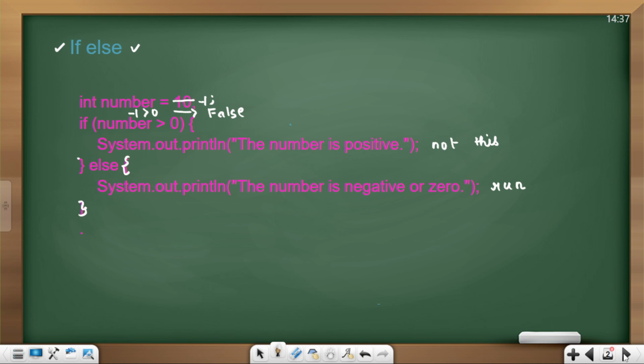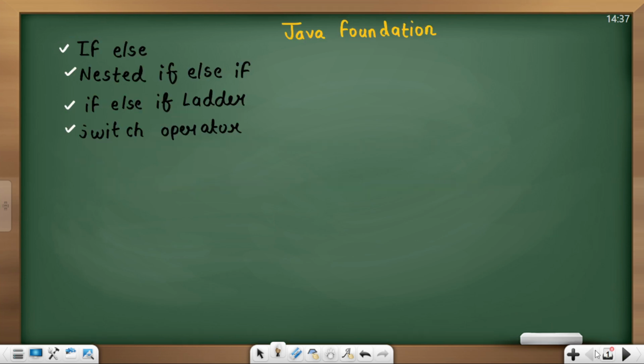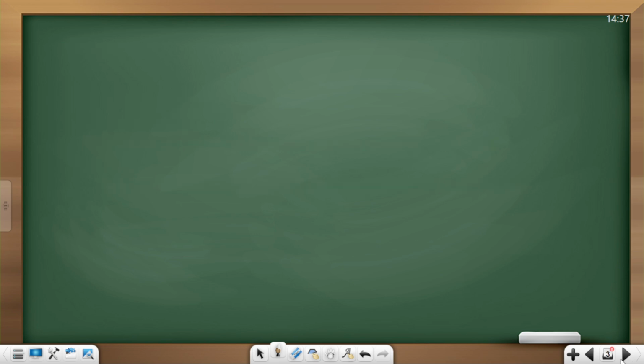Let's go to our second topic, which is nested if else, or sometimes it's called if else ladder. Now suppose you have multiple conditions, like you want to check whether the number is a positive or negative number, as well as whether the given number is even or odd.